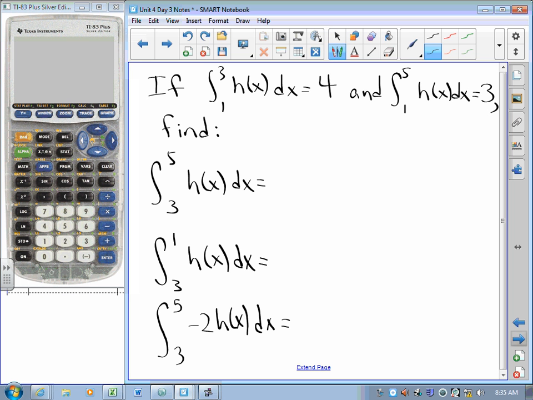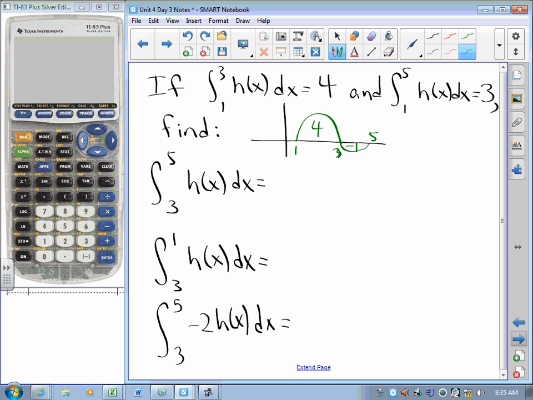Well, I have some function, h of x, and from 1 to 3, the area is 4. From 1 to 5, the area is only 3. The net area is 3, which means that in this interval, we've got to have a negative 1, don't we? Because the 4 plus the negative 1 has to add up to 3.